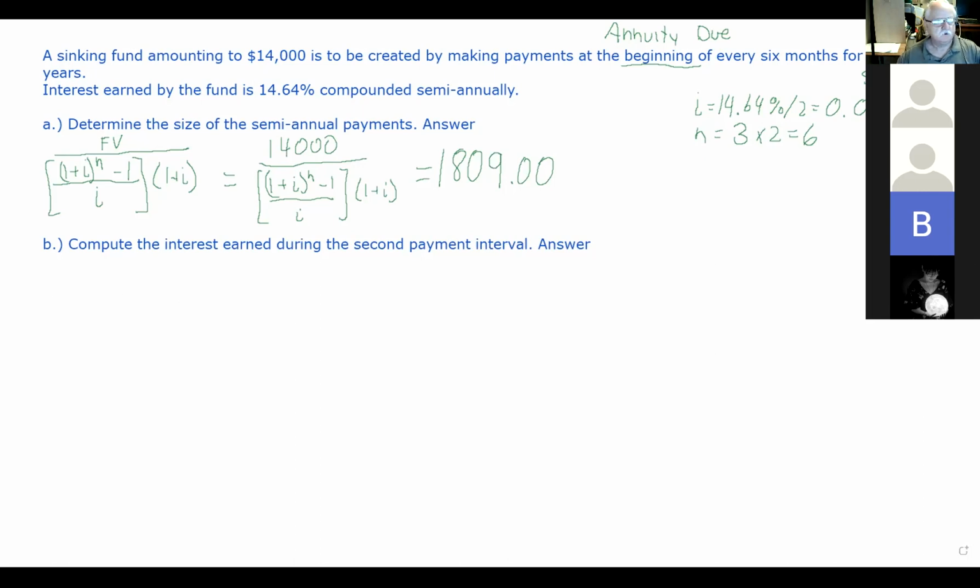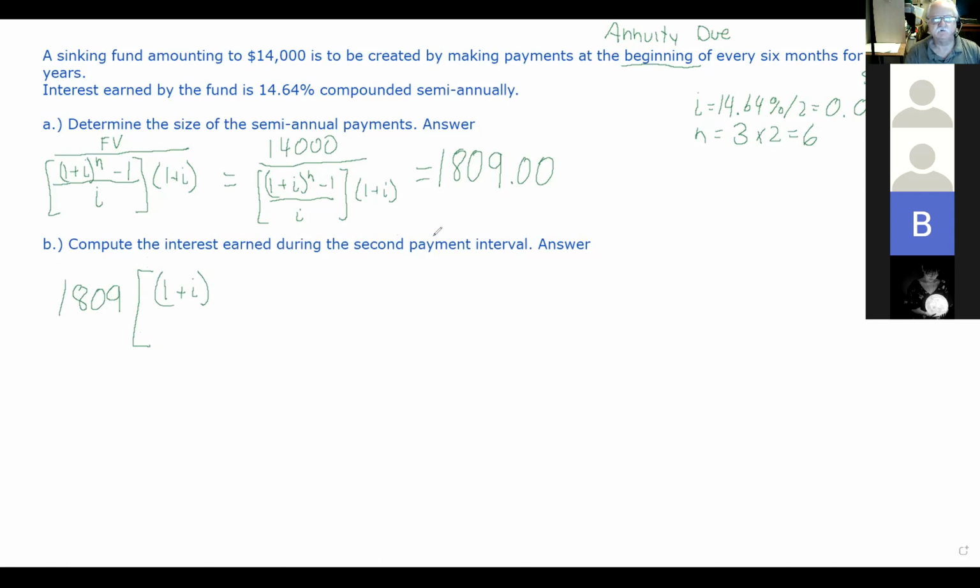So we're looking at the payment that we've just calculated, 1809 times 1 plus I to the power of 2, basically.